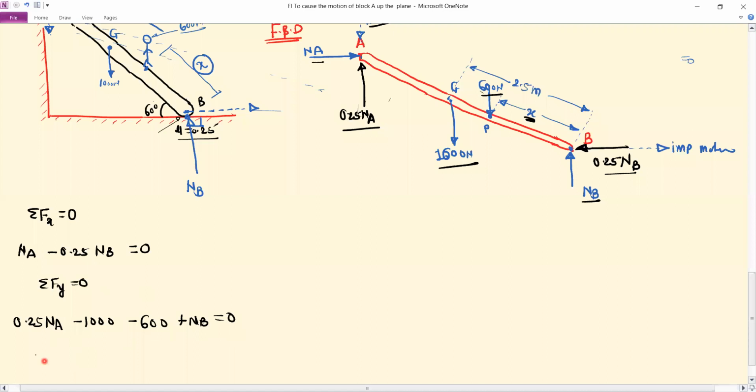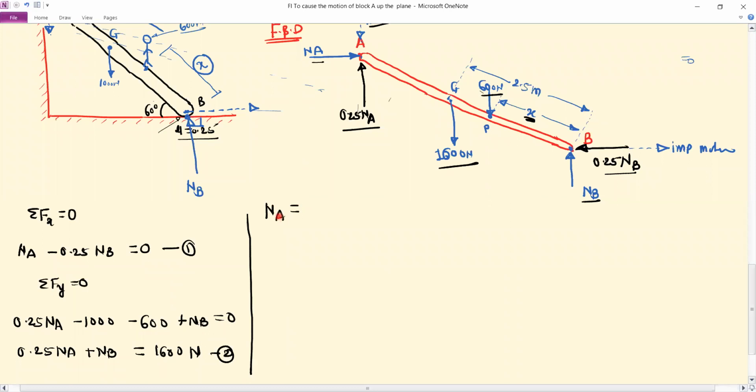So from this equation you can write 0.25 NA plus NB is equal to 1600 Newton. Take this as equation 1, and this is equation 2. Solve these two equations simultaneously, so you will get the answer for NA.